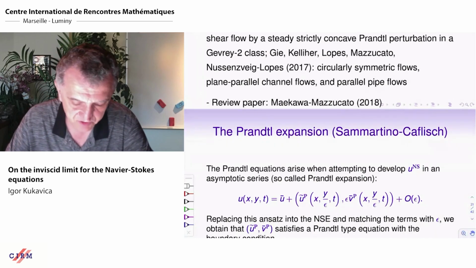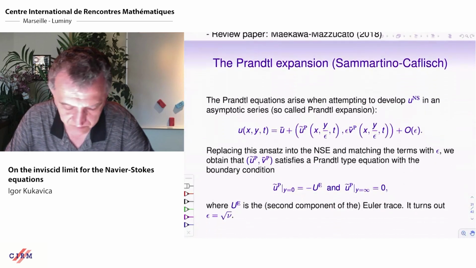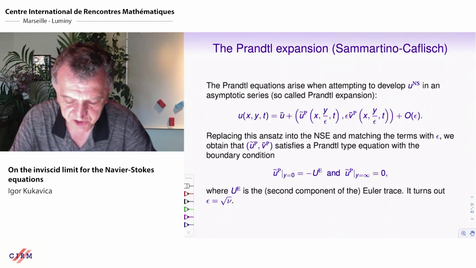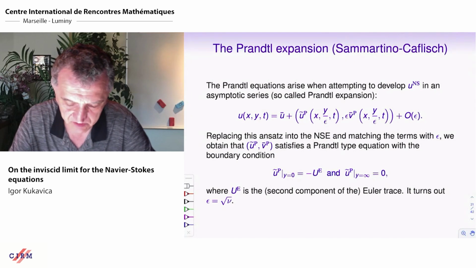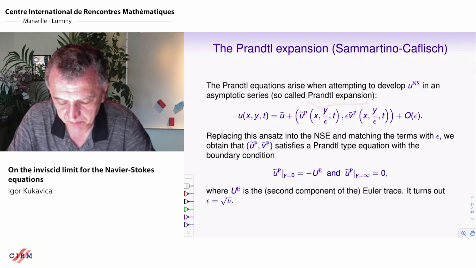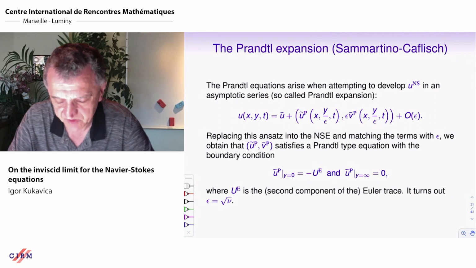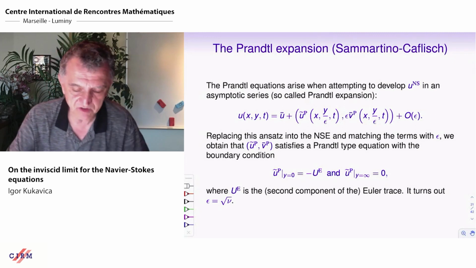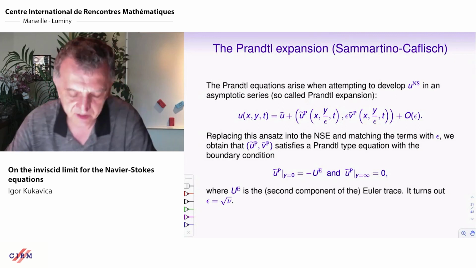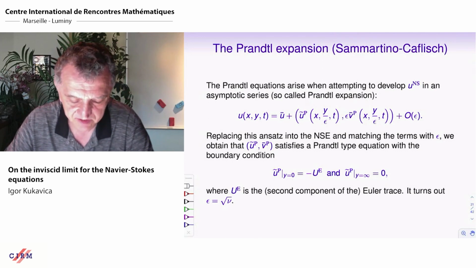So maybe a few things about the Prandtl expansion and about our result. Yeah, so that's for the rest of the talk. So the Prandtl expansion was physically introduced by Prandtl a long time ago, but first used in a useful way in the mathematical setting in this Inviscid limit.